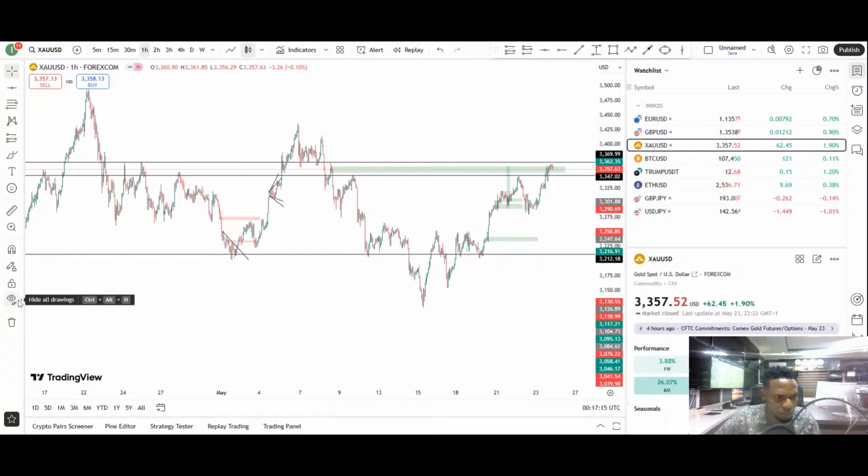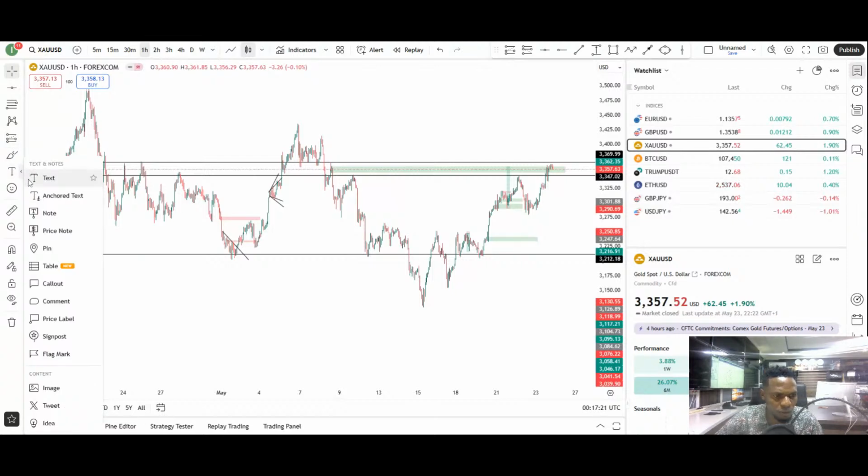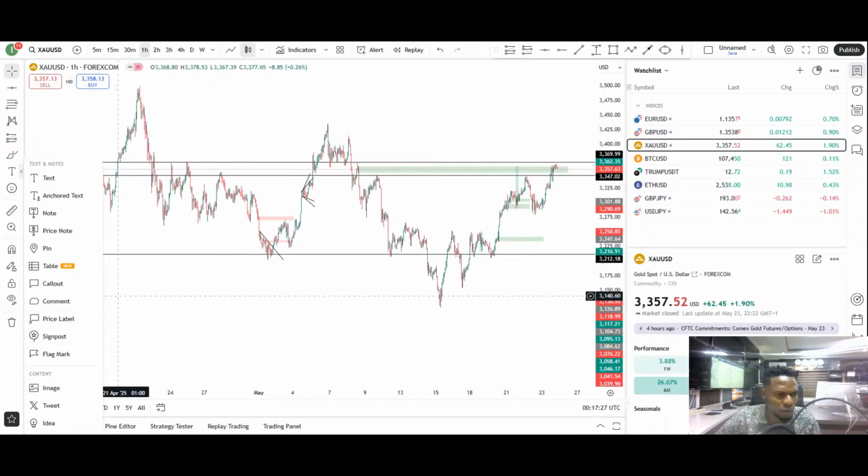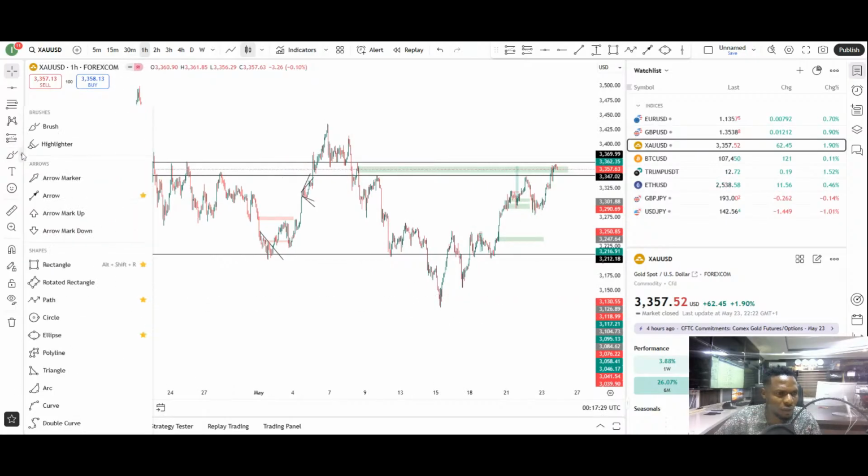No, this table. Yeah, I've used this before. Rectangle, triangle, brush.